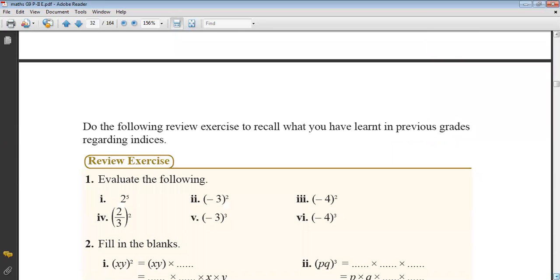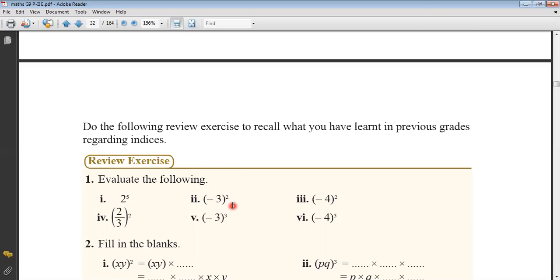Do the following review exercise to recall what you have learned in previous grades regarding indices. Evaluate the following. You can write it in expanded form: write 2 five times, negative 3 twice.